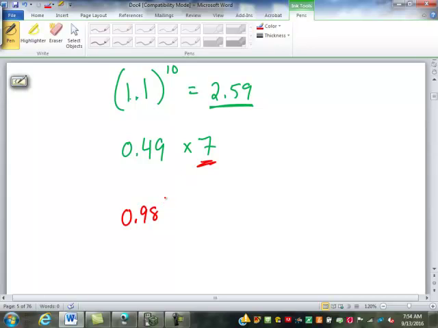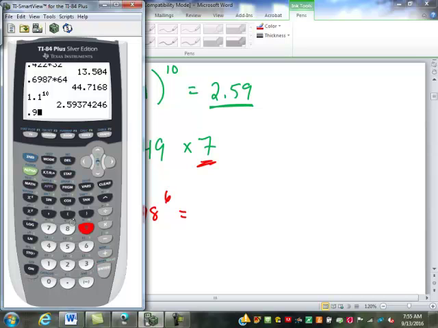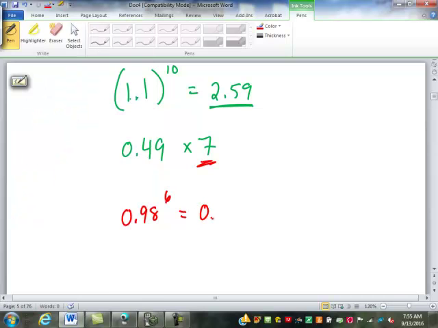So let's say it decreases by 6 degrees. So it's 0.98 to the 6th power is what you've shrunk. You're down to 0.886. So you've lost 12% almost.